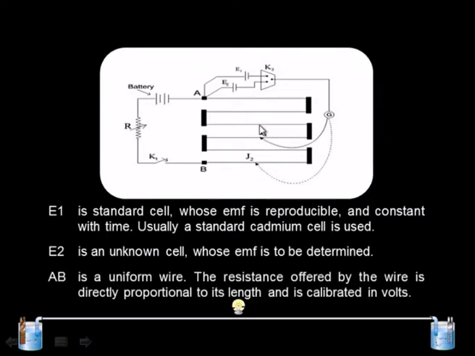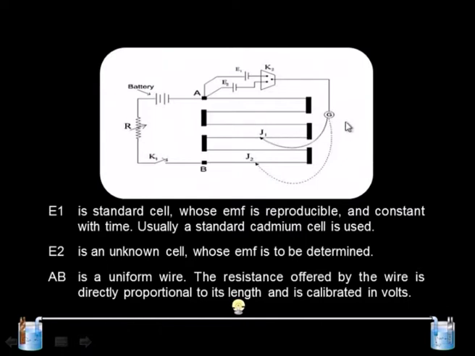A to B is a uniform wire of the potentiometer, and the resistance offered by the wire is directly proportional to its length and is calibrated in volts.